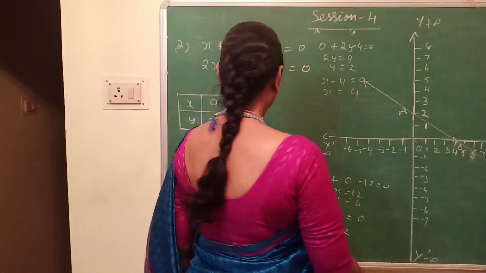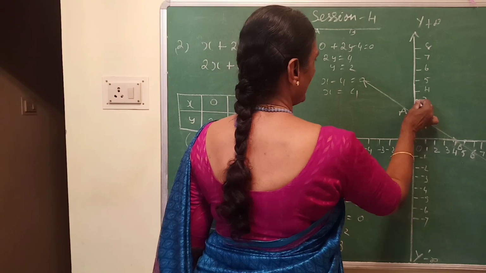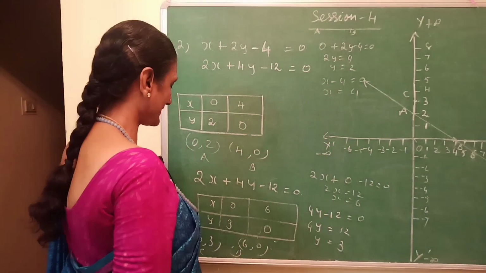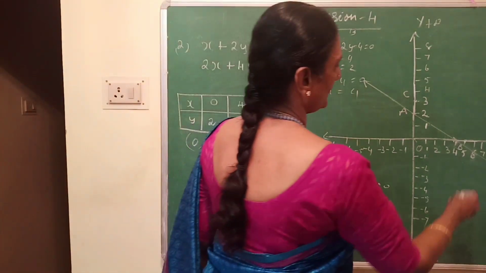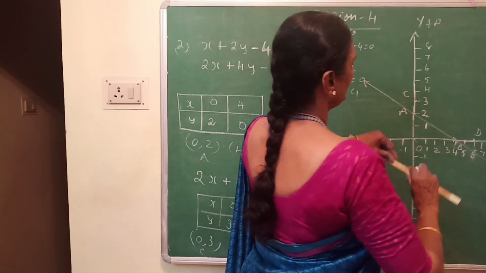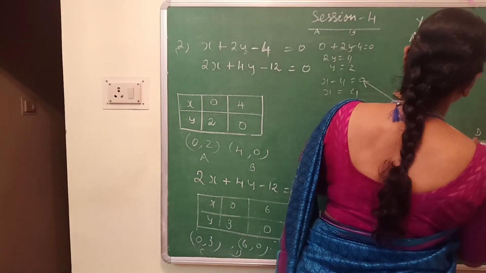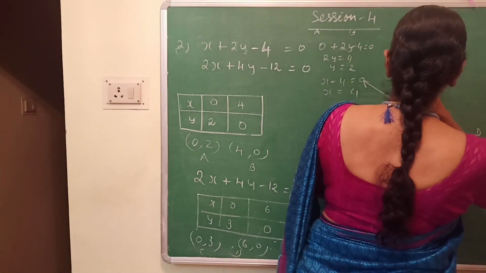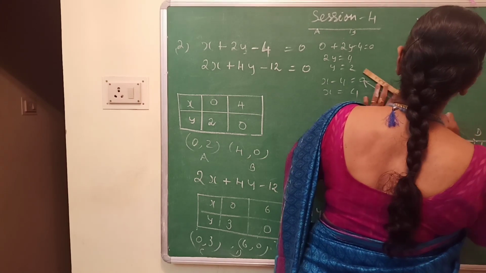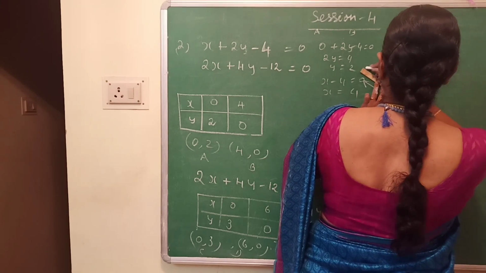Where is (0, 3)? (0, 3) is obviously a point on the y-axis. I have marked it. And (6, 0) is obviously a point on the x-axis. Let us mark these 2 points and then we'll try to get the line. Extend the line on either side.